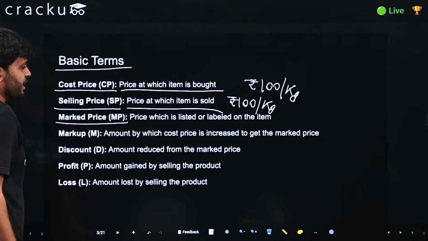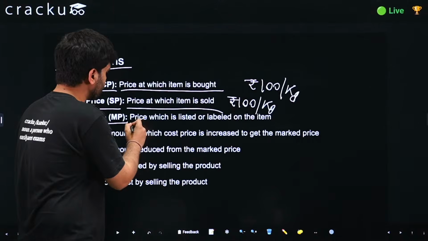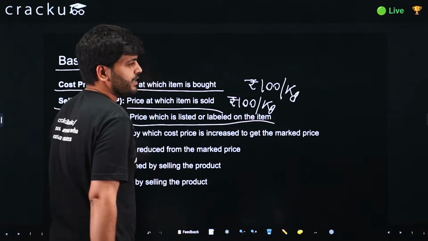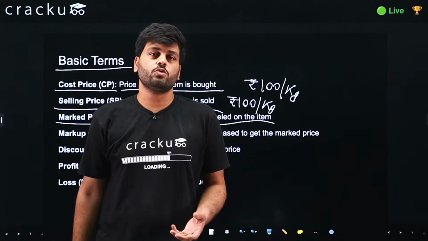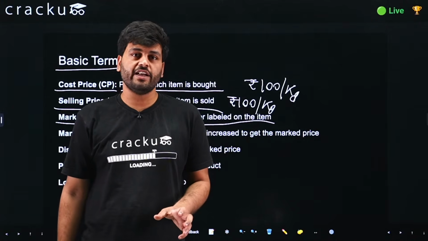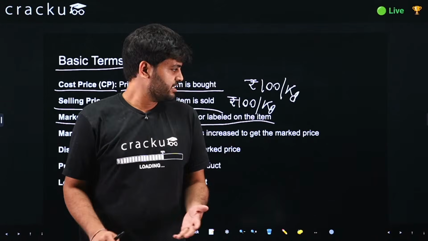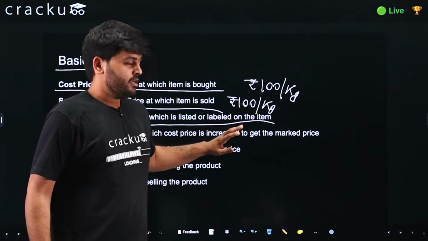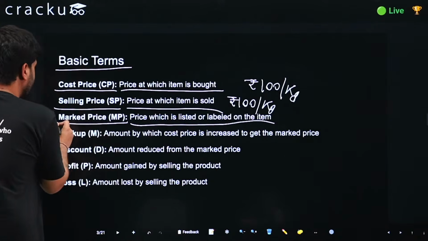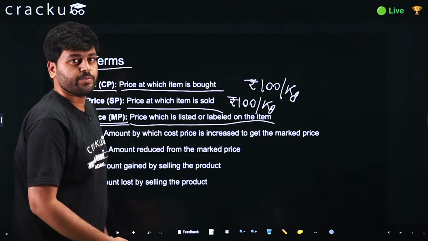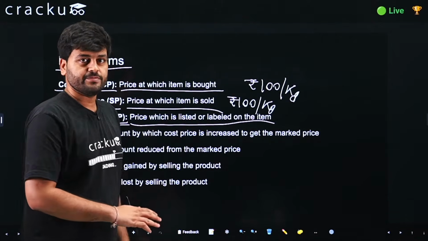Third term is mark price. Now this is the price which is listed or labeled on the item. So for example, if you go to any market or any shop, you would see some price labeled on the item. Generally it is MRP only, but this mark price is not always equal to selling price, which we will see later.